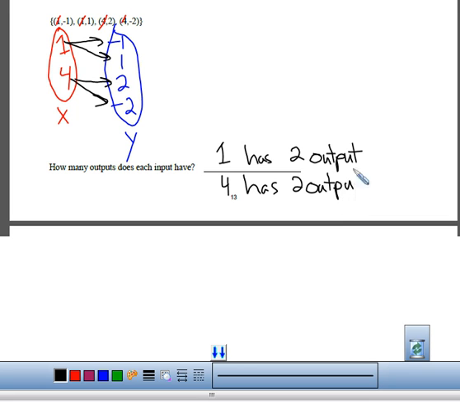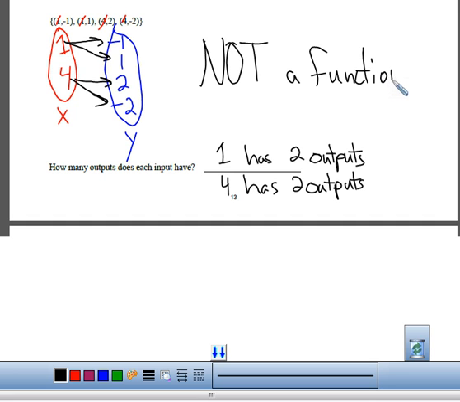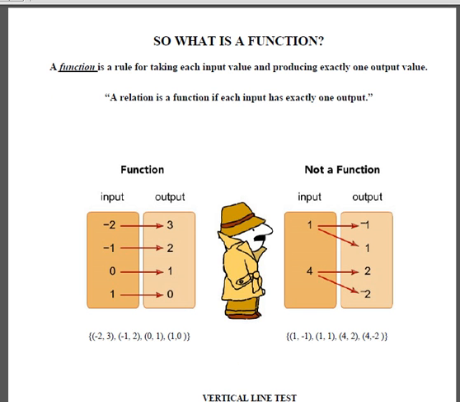So what does that mean? That means this is not a function. Not a function. Okay? Very important. Why is it not a function? Because if an input has more than one output, it is not a function. That's the definition. Alright, so let's talk about this rule over on the next page.